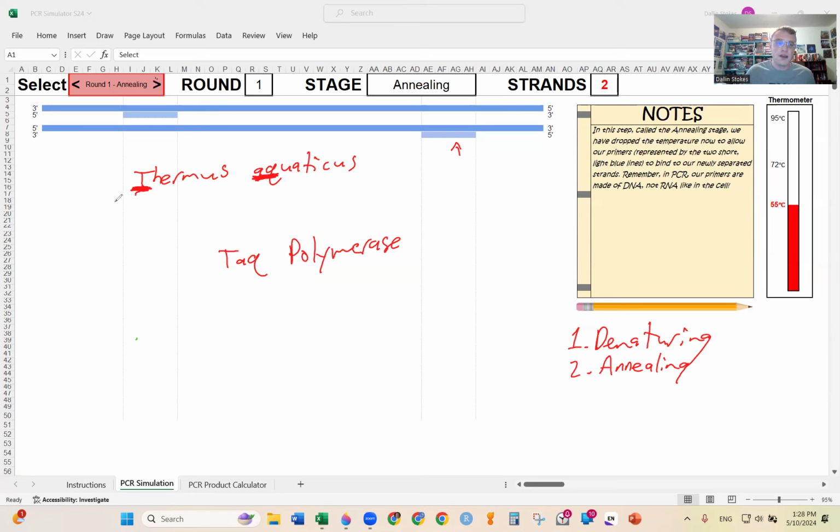Okay? So we're going to use Taq polymerase, which we also dumped into the tube, and it's going to come in here and it's going to bind to the primers and it's going to build 5' to 3' on both of these strands. So this step here is called extension.